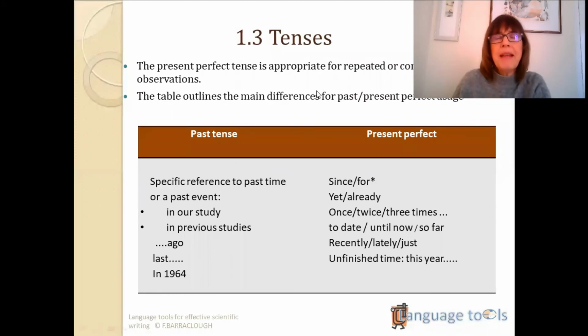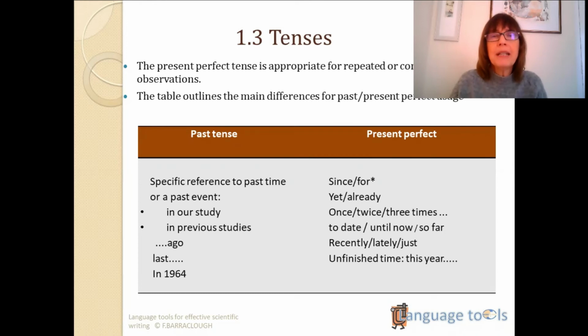Sometimes there is a little confusion between the past tense and the present perfect. So perhaps you already know this, but I thought that I would draw up a little table for clarification, because the idea of this course also is for you to have a handbook that you can refer to.